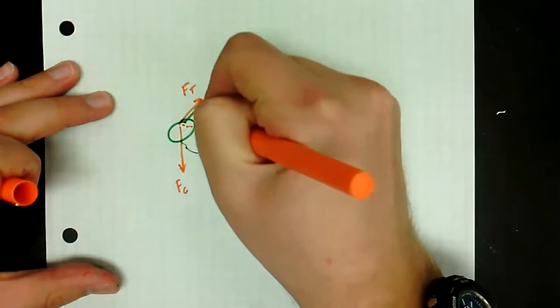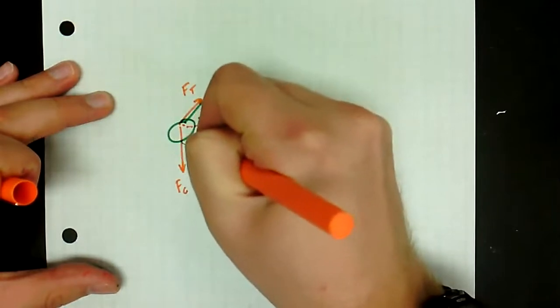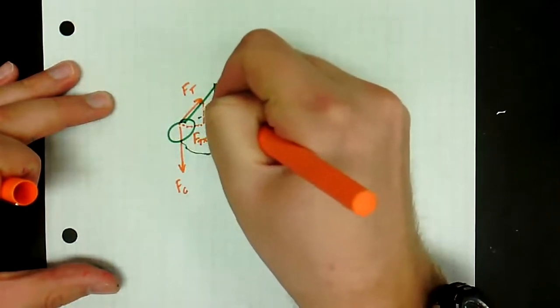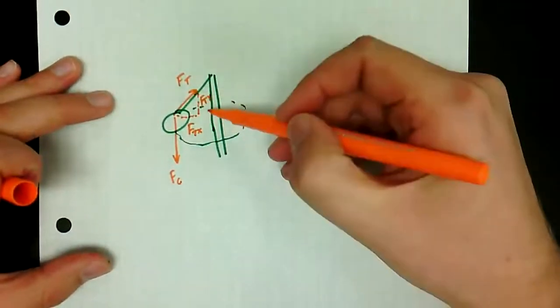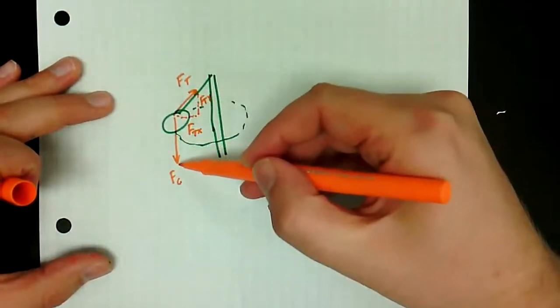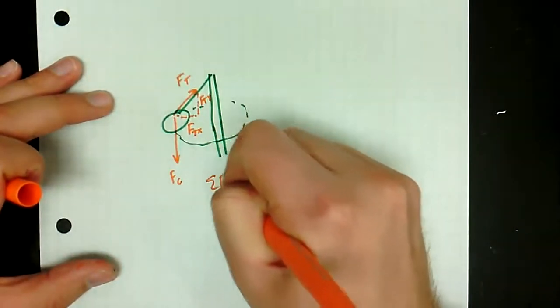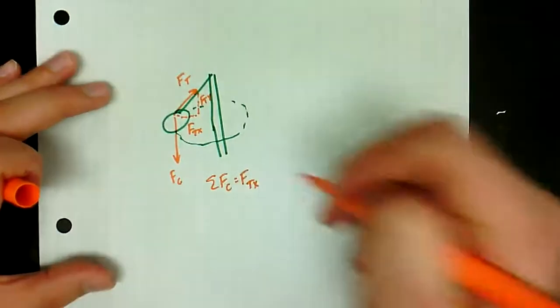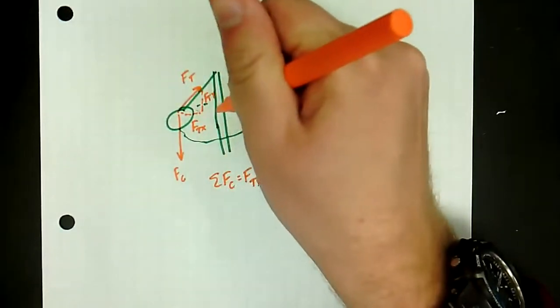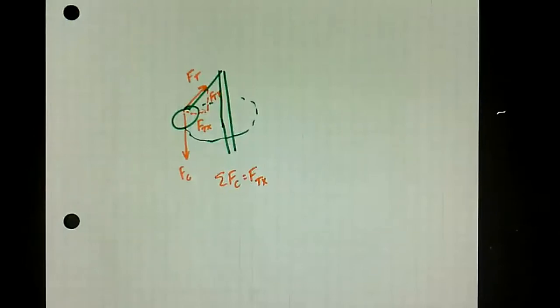The tension force can be broken up into the x component and the y component. The y component needs to cancel out gravity. It's the x component that is providing the centripetal force, because it's the x component that's pointing towards the center. Whenever you're going in a circle, you need your net force to point towards the center.